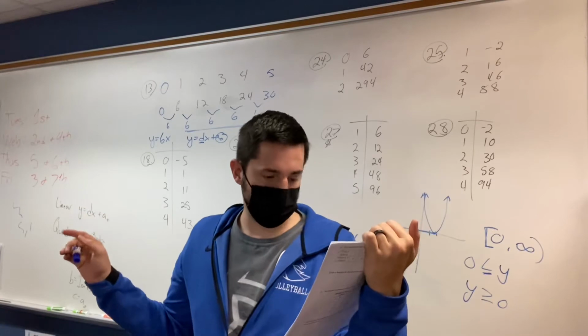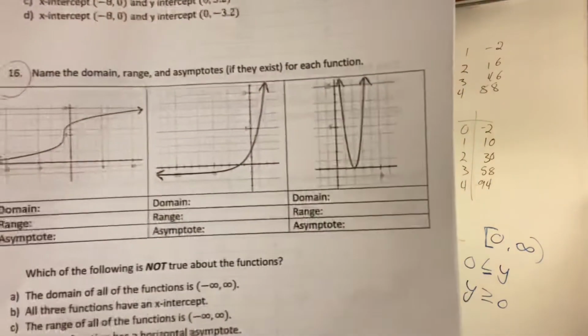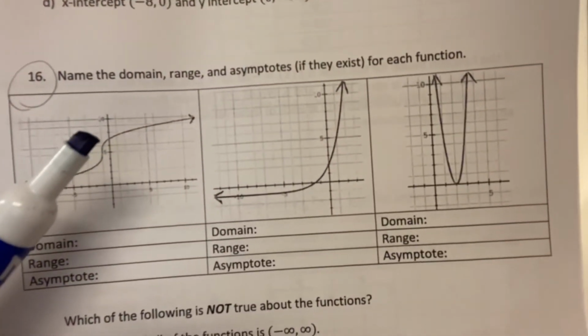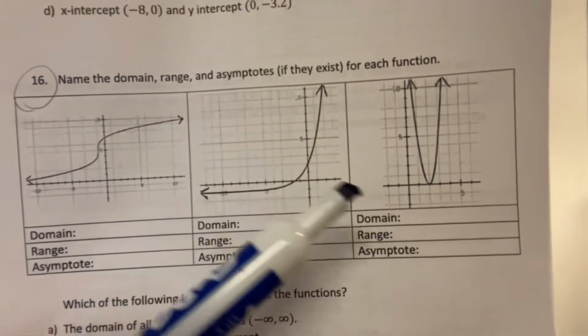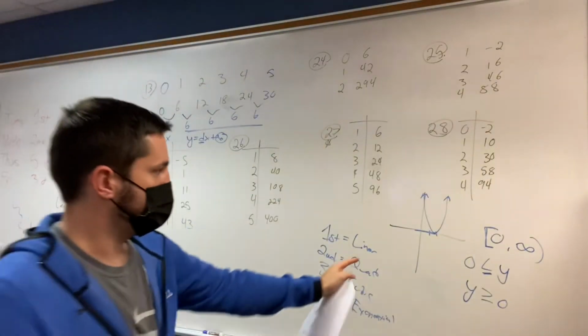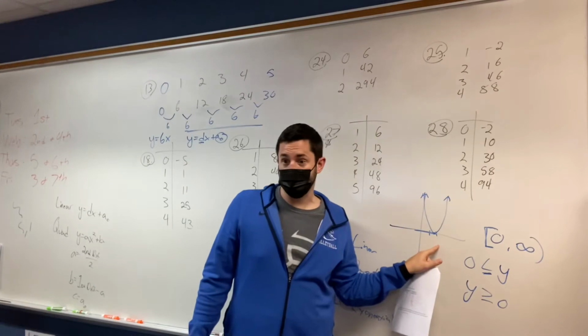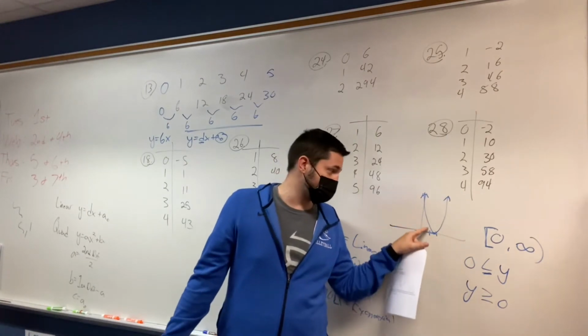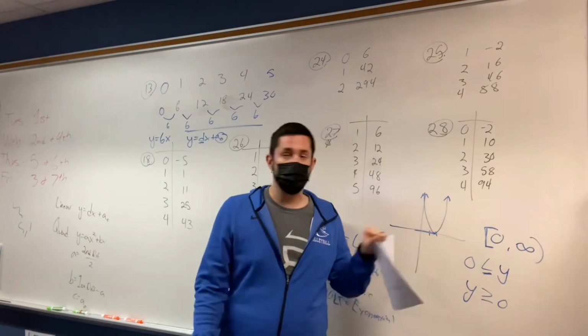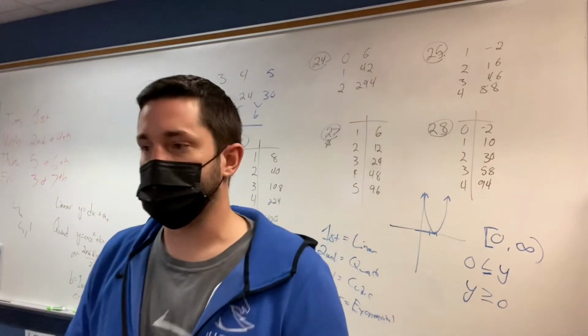They all do have an x-intercept. You can actually see them crossing, and for this one, 0 is included, which is on the x-axis. So yes, they do all have an x-intercept.